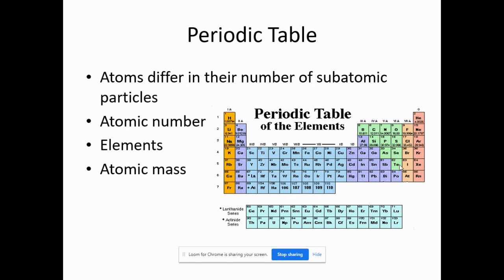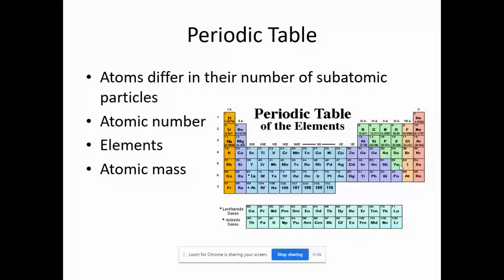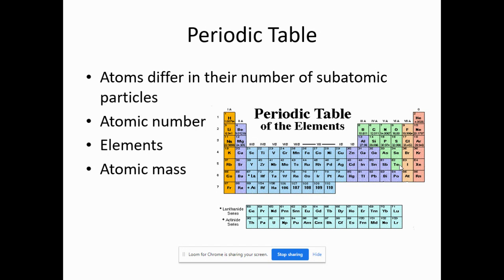The atomic number is the number of protons in the atomic nucleus, and it determines the type of atom or element. Elements are atoms that have the same number of protons in their nuclei, and those elements are organized in the periodic table.